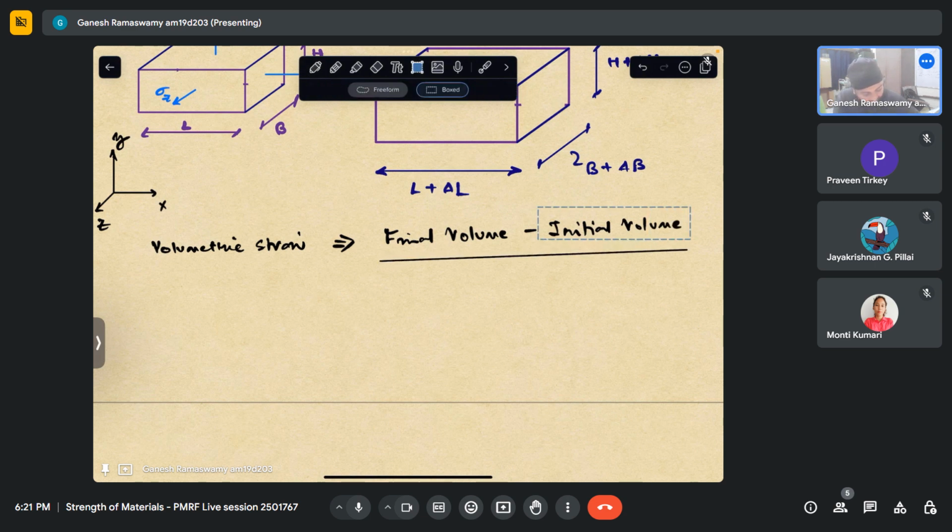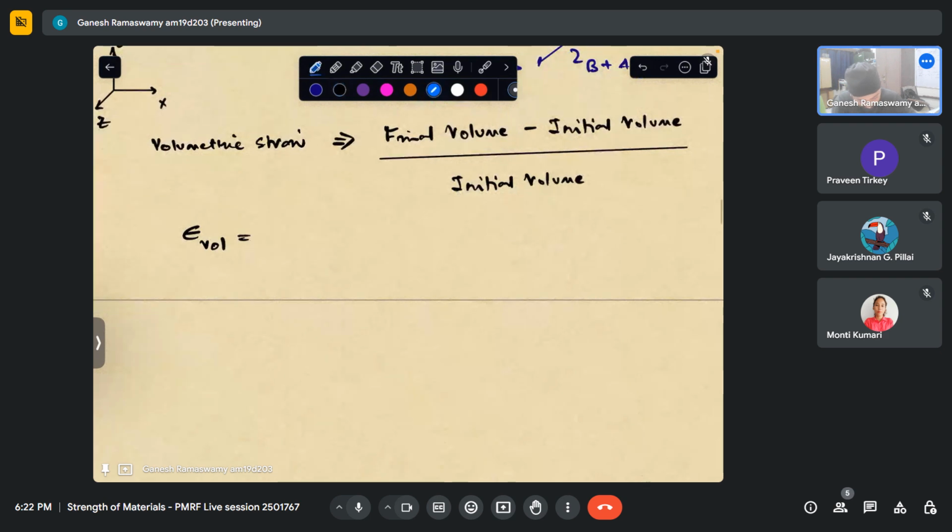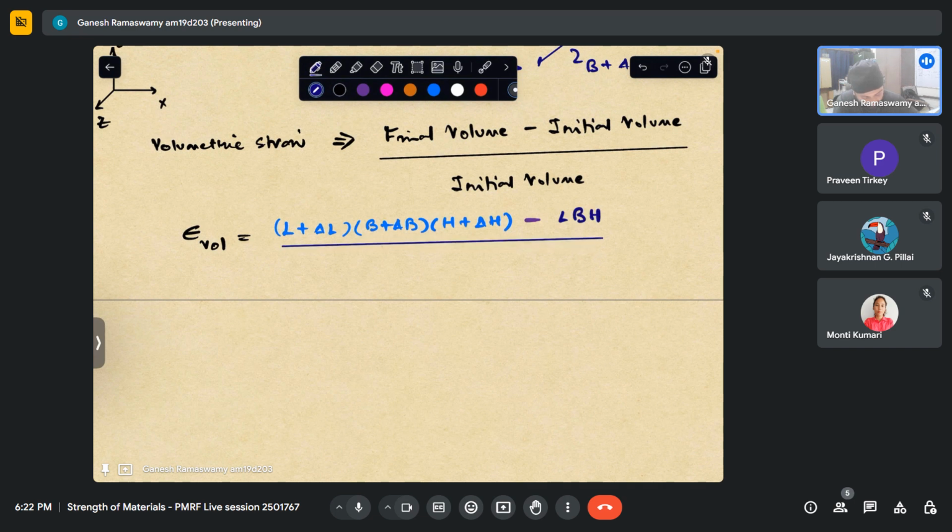If we were to take our reference configuration, this is the general definition for any strain. Axial strain will be change in length by original length. So change in length is final length minus initial length, and so on. So let me denote the volumetric strain by epsilon V. This is nothing but L plus delta L into B plus delta B into H plus delta H, minus my initial volume, which is L into B into H, divided by the same quantity.